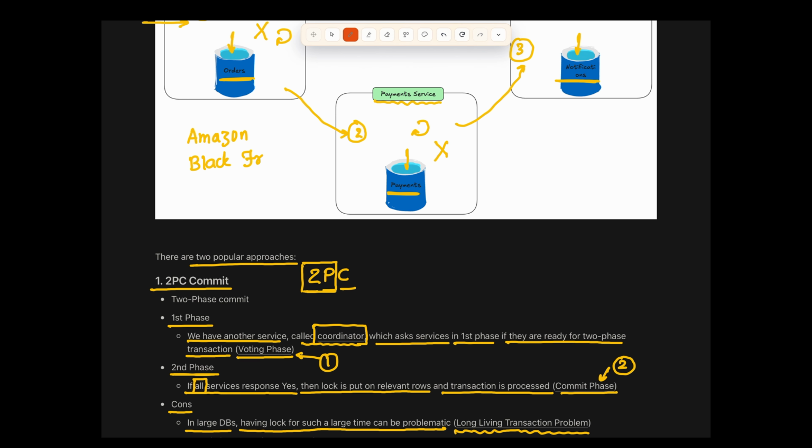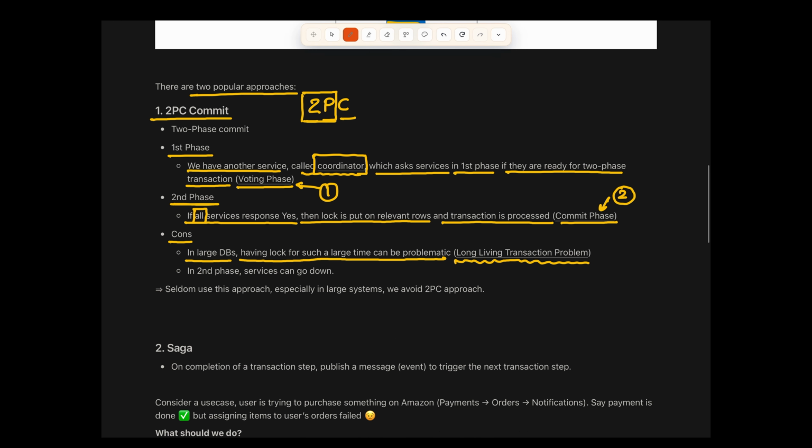If you see a lot of transactions, that means we will be putting a lot of locks. And if some transaction is spanning across multiple databases, it will take at least, let's say, half a minute to execute. This half a minute can be deteriorating to the system, where other transactions cannot process those rows because the lock is there in that duration. So this is the first con.